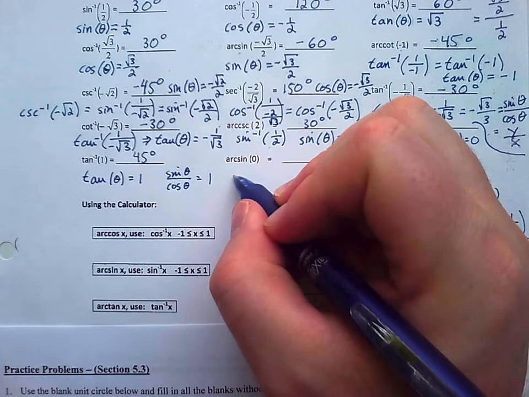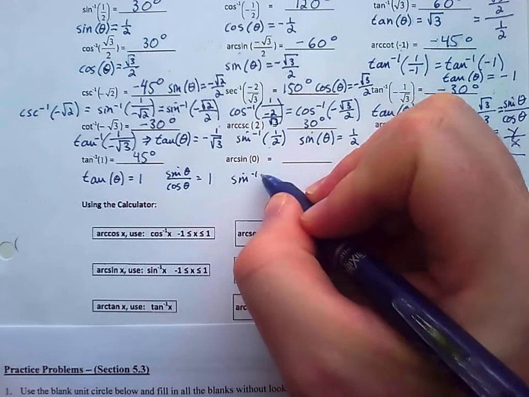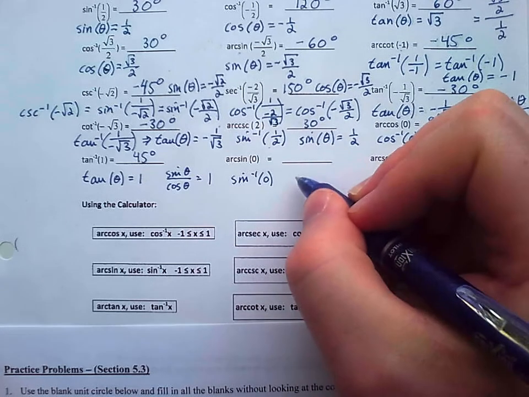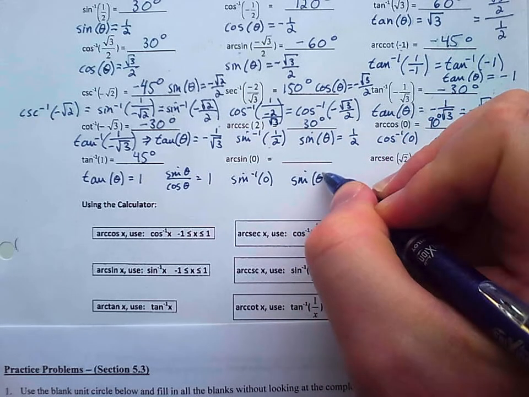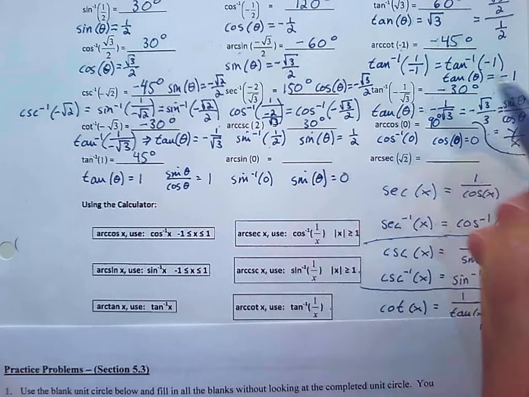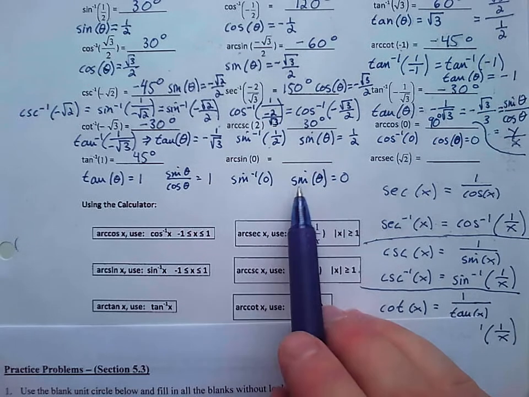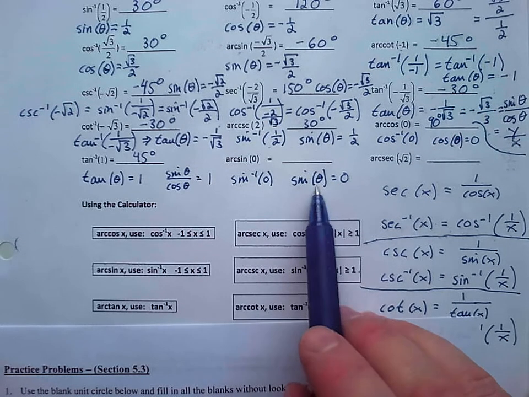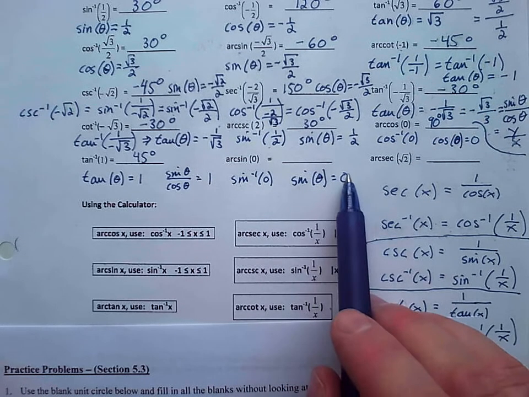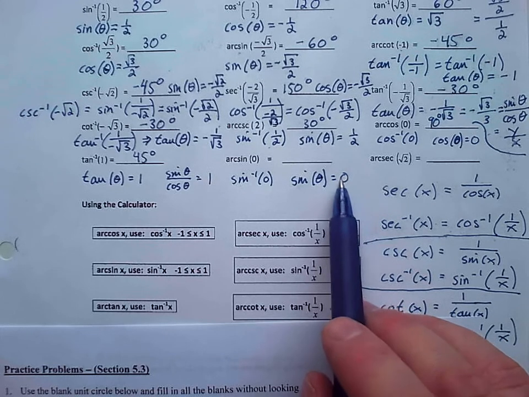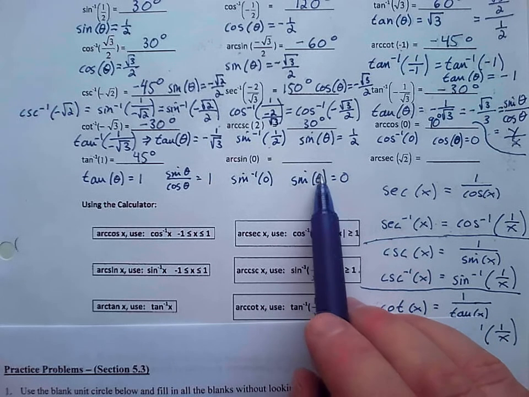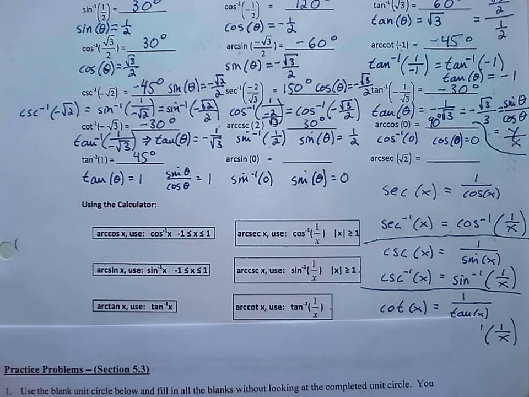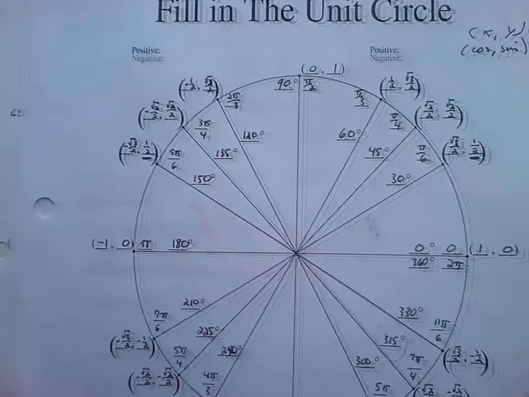For the arc sine of 0, again, if we have the arc sine of 0, we can rewrite that to be the sine of theta being equal to 0. So we're going to go from arc sine to just sine. We're going to plug in theta. So we want that the y value be equal to 0. We're looking for the angle such that the y value is equal to 0.